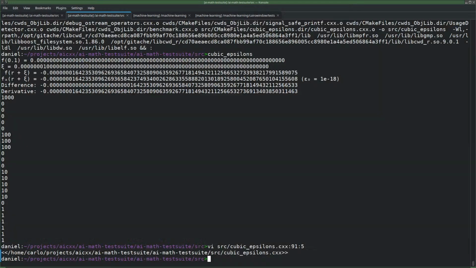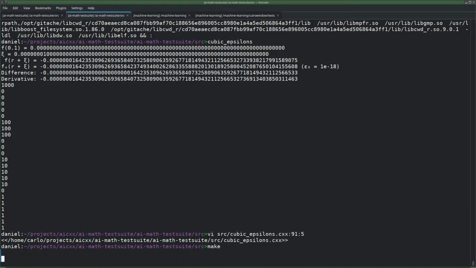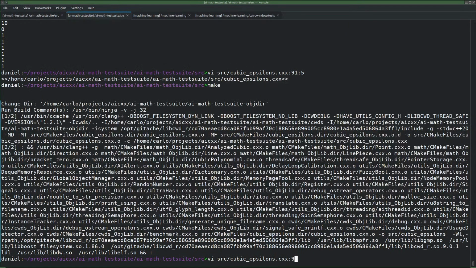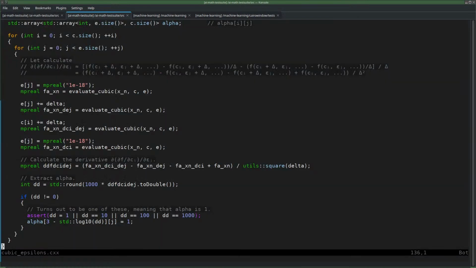Let's see if that compiles. It does. Now I want to print it.